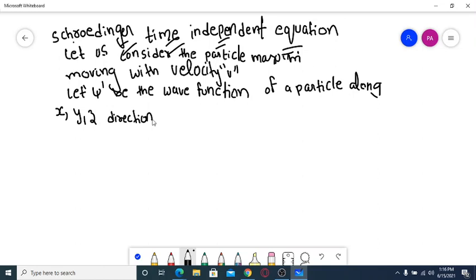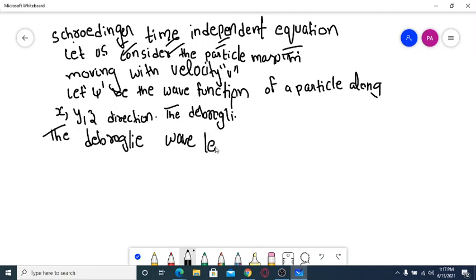Now you already know the de Broglie wavelength. The de Broglie wavelength is given as lambda is equal to h by mv, and it can also be written as h by p, equation number 1.